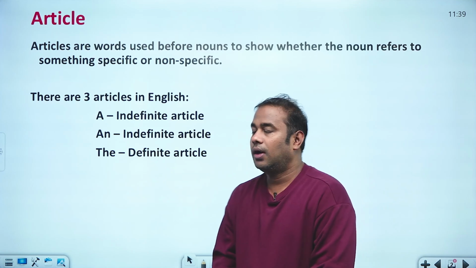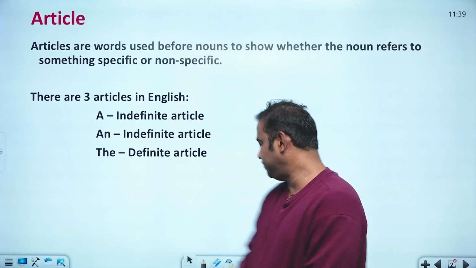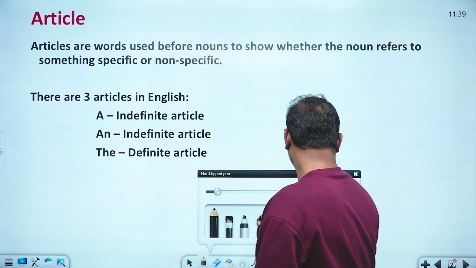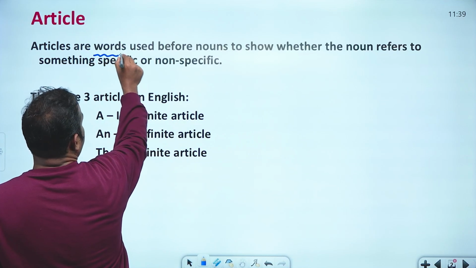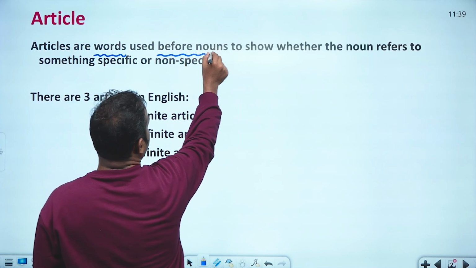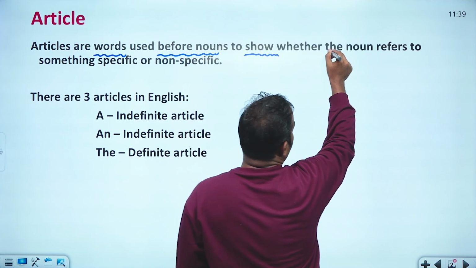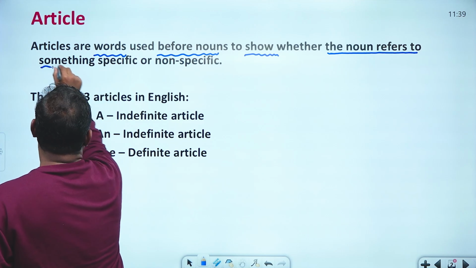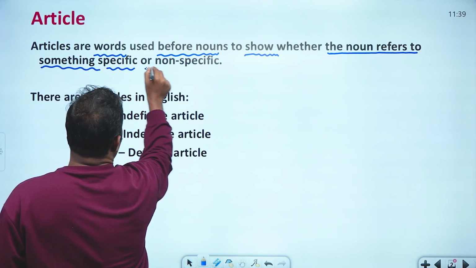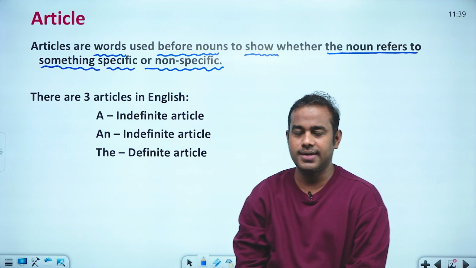Now, from the definition point of view, an article is the word used before nouns to show whether the noun refers to something specific or non-specific. Okay, so that's a very simple understanding.